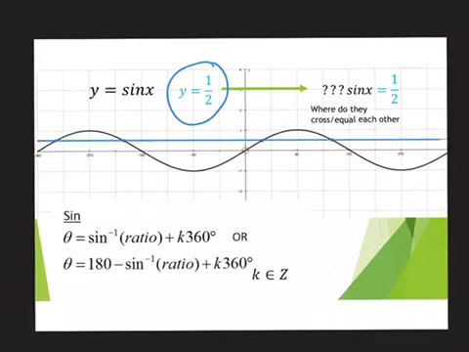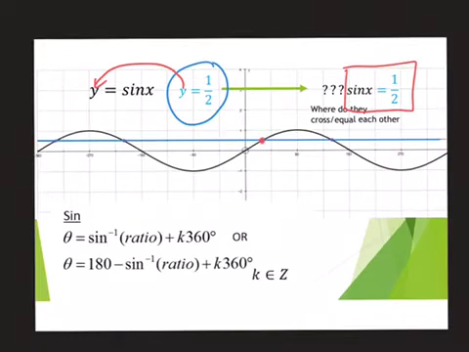So now, when I ask a question in maths of y equals sine x, y equals a half, and then I say, where does sine x equal a half? It actually means that I have glued these two together, because y equals sine x and y equals a half. So where do their y values equal each other? In other words, where do they cross?